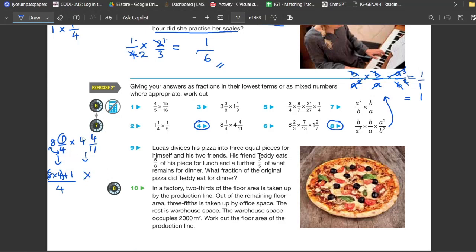And multiply 4 times 11 plus 4, the denominator doesn't change, 11. So 8 times 4 is 32 plus 1 is 33 over 4 times 44 plus 4 is 48 over 11. So we can cancel the common factors 3 and 11.